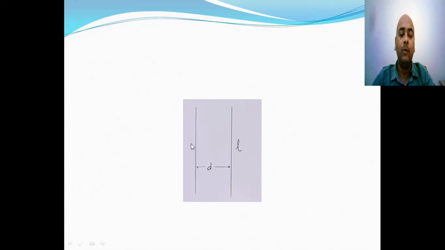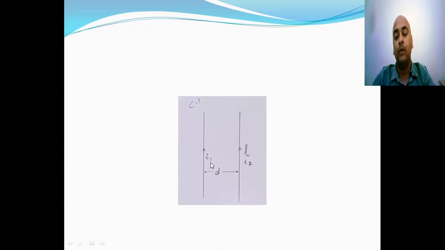So now let us suppose we have two conductors. The two conductors are carrying currents and they are separated by a distance small d. Let us suppose conductor 1 carries current I1 and conductor 2 carries current I2. Whenever a current flows in a conductor, it generates a magnetic field.